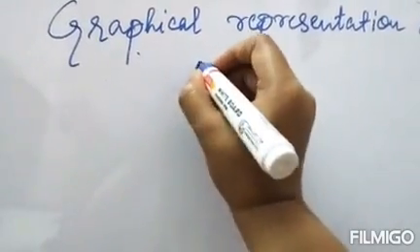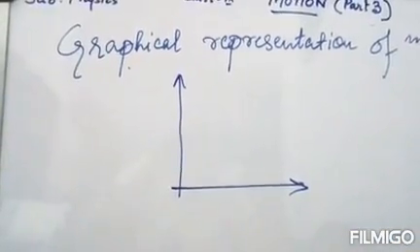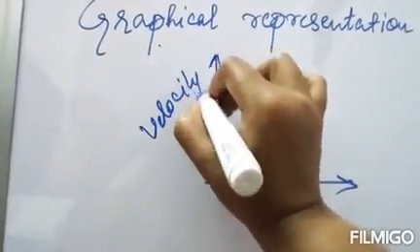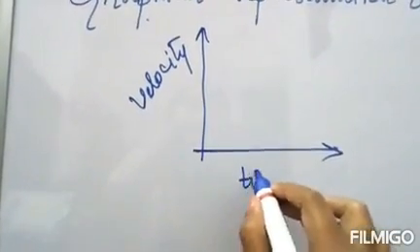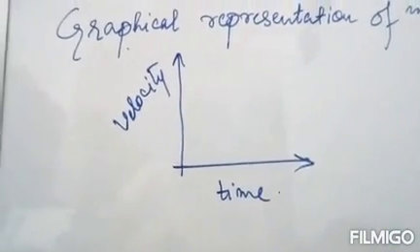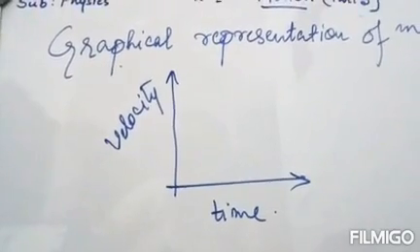Now let's describe velocity time graph. In velocity time graph, instead of distance and time, we will have velocity in one axis and time in the other axis. Now there are two types of velocity: uniform velocity and non-uniform velocity, correct?